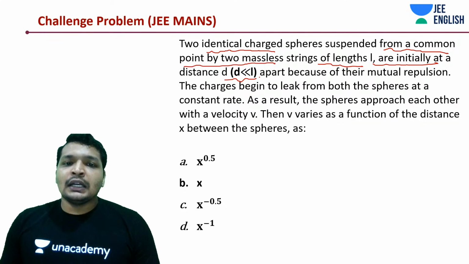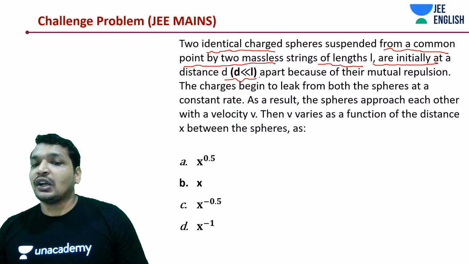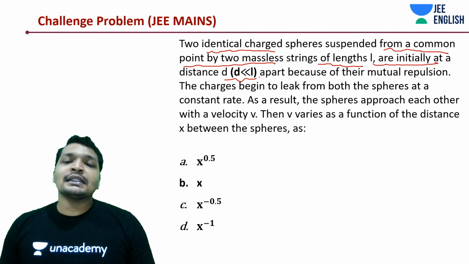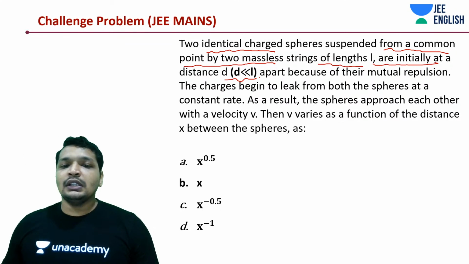And the charge begins to leak from both spheres at a constant rate. As a result, the spheres approach each other with a velocity v.